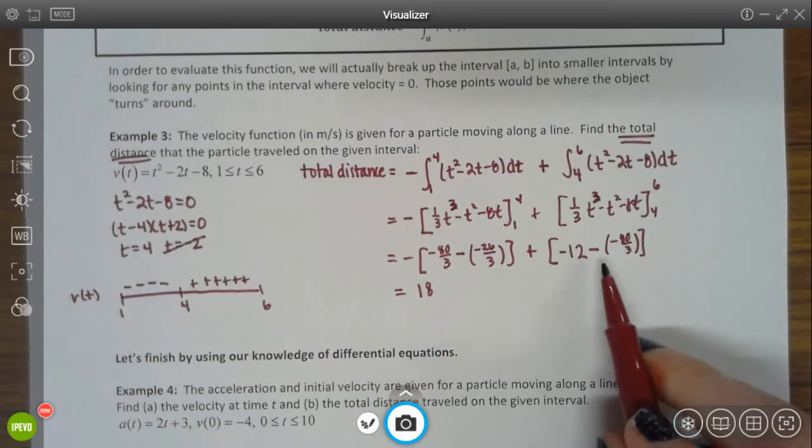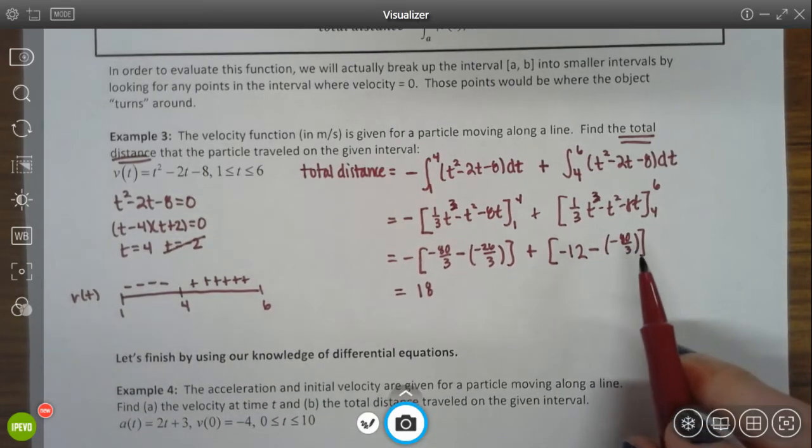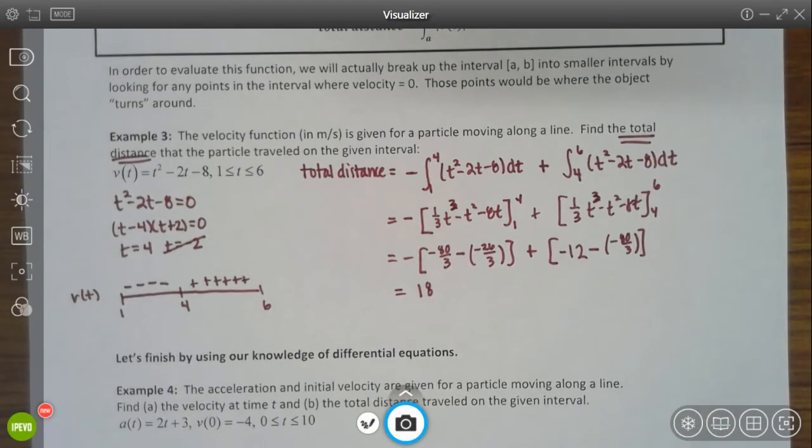Negative 12 minus negative 80/3 gave me some number I cannot read. Looks like 400. I can't read my handwriting there. Oh, well, that was 44/3.